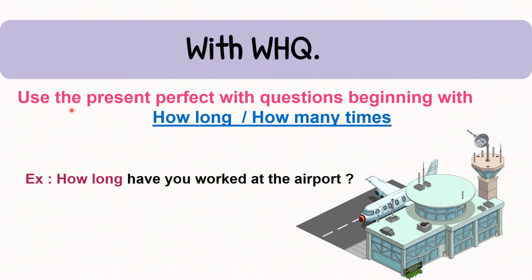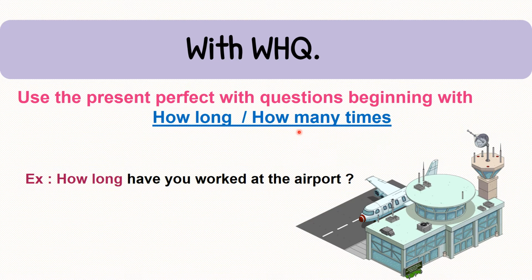So use the present perfect with the questions beginning with how long or how many times. فالpresent perfect يستخدم المضارع التام with questions مع الأسئلة beginning التي تبدأ ب how long، أغلب الأحيان تبدأ ب how long كم المدة or how many times أو كم عدد المرات.